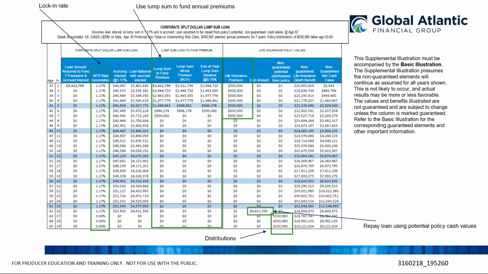So maybe my C corporation has access to bank funding. So maybe I go to my local bank and I say, hey, Pat, you've been my banker for 25 years. I need $4 million. I'm doing some business succession planning, some estate planning. I want to put a life insurance plan in place.